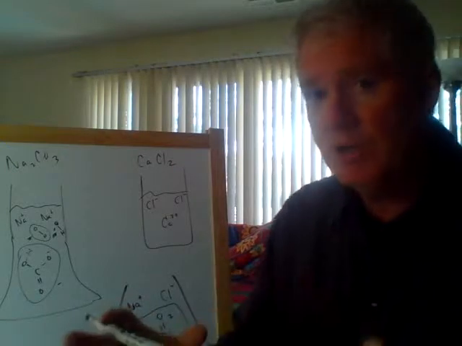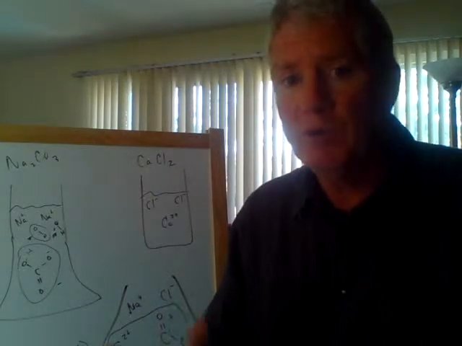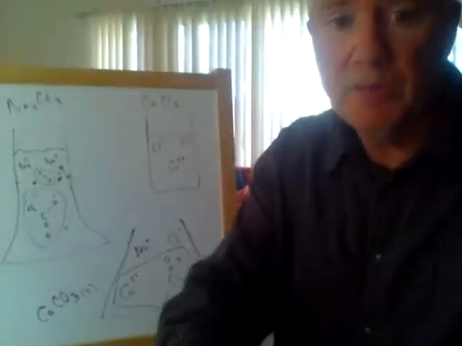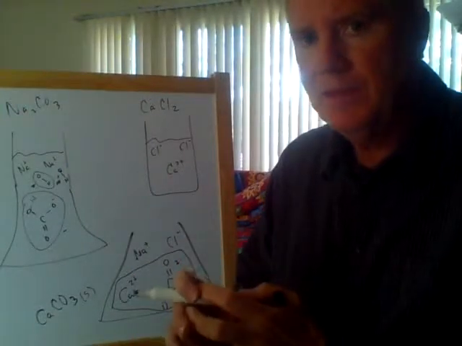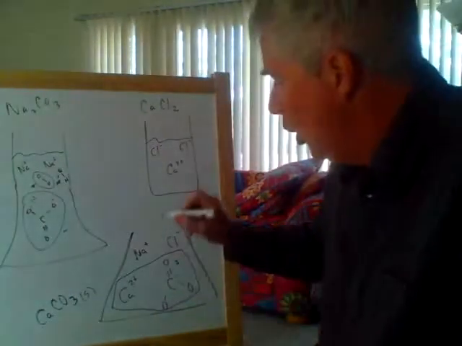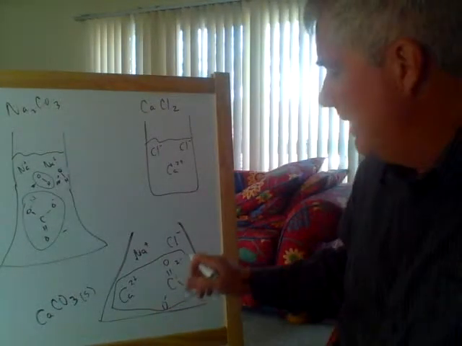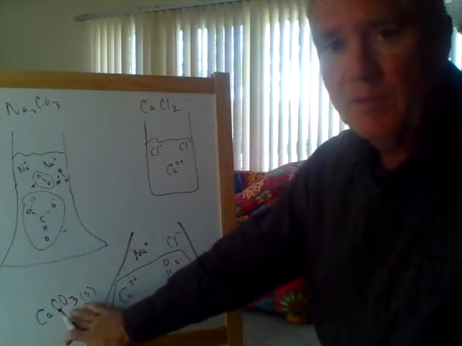Turns out water does a pretty darn good job of dissolving ionic compounds for the most part. But there are some ionic compounds, and calcium carbonate is an example, that would much rather stay as a solid than dissolve as a liquid. Now, that's not to say that absolutely every calcium ion and every carbonate ion got together and formed a solid.